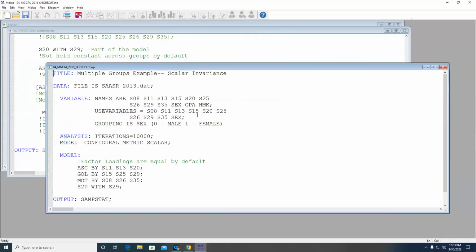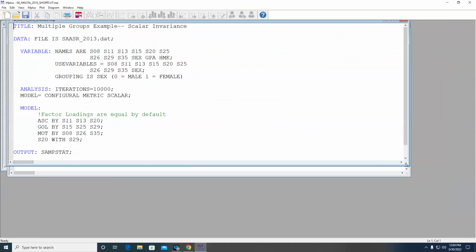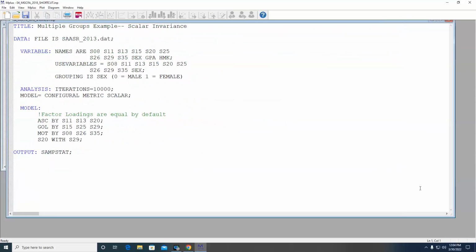If I just want to run configural, metric, and scalar invariance models all in one step, and get the chi-square difference testing and everything, and I don't have GPA and homework in here anymore, I can do that really easily with this little jiffy shortcut.